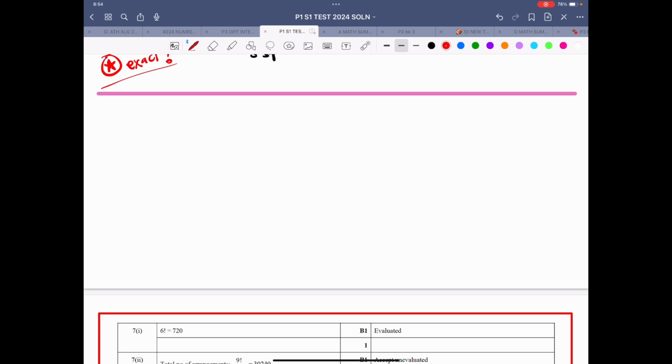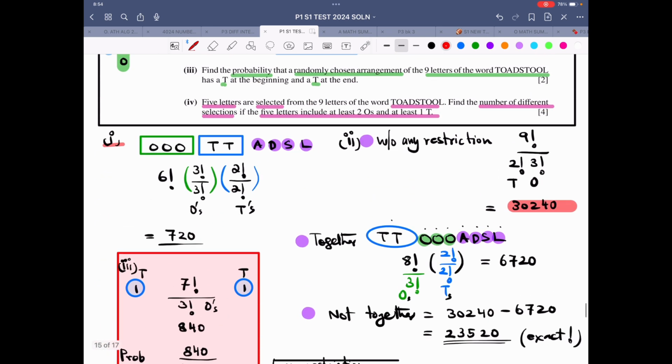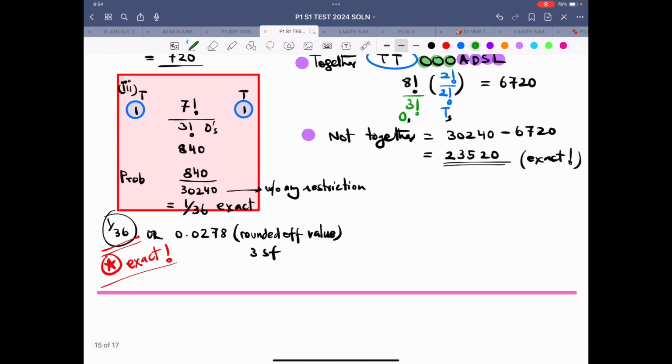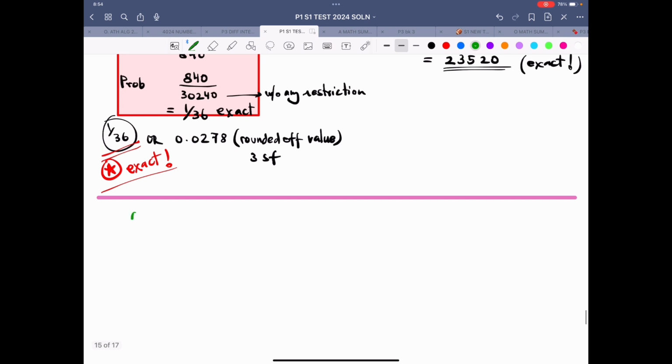So let me first write the 3 O's I've written in green color. Let me just use the same color. So there are 3 O's over here, and then I think I've used 2 T's over here, and then I have A, D, S, L, and let me write the number of ways.